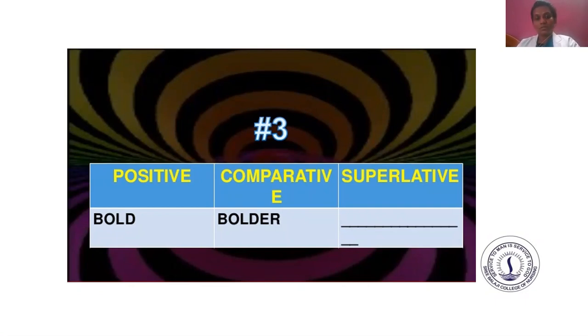So start framing a sentence with bold, like "I'm bold." You are describing only yourself. I'm bold. And bolder, "I'm bolder than my brother." You are comparing yourself with your brother, so two nouns, and this is comparative.